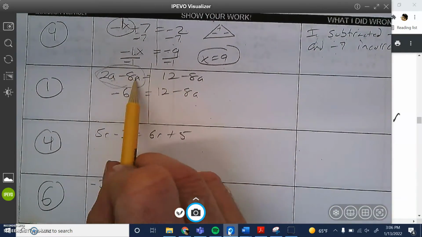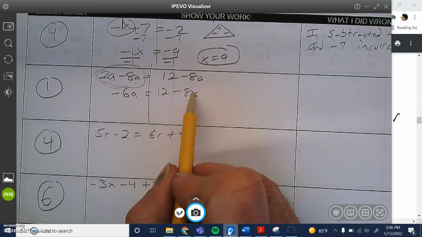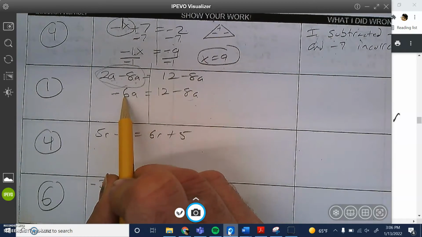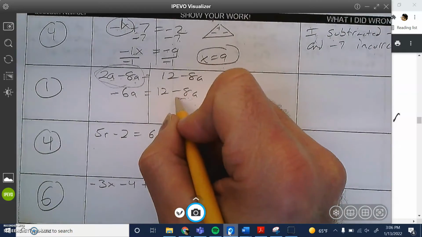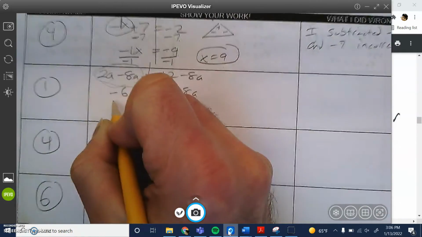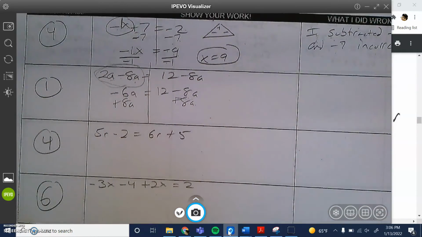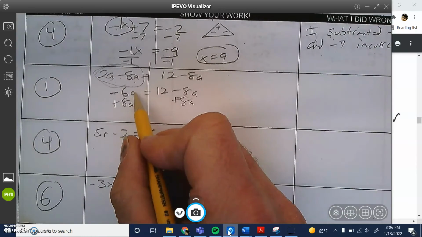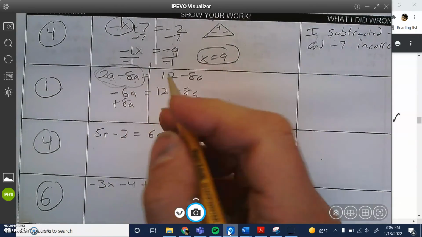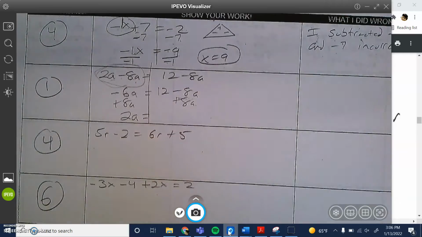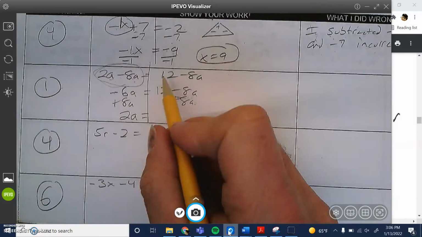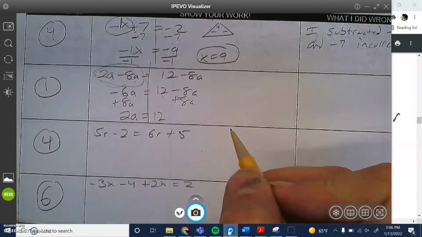Now I need all the variables on one side, so the variables got to go over here. I'm looking at negative 8a. The opposite of negative 8a is positive 8a. Negative 6 plus 8, if I owe 6 and I get 8, that means I have 2 left over, and I have 12 right here.